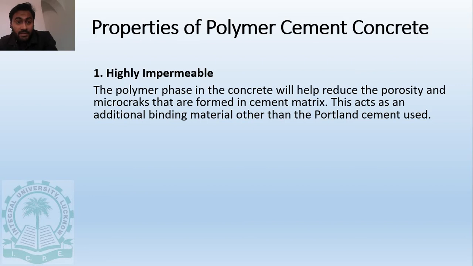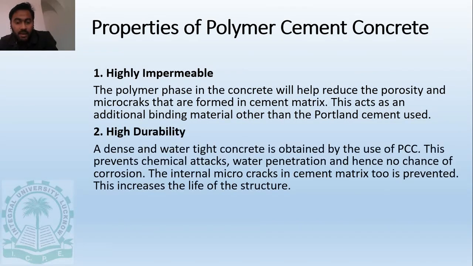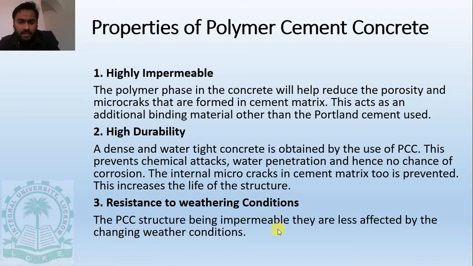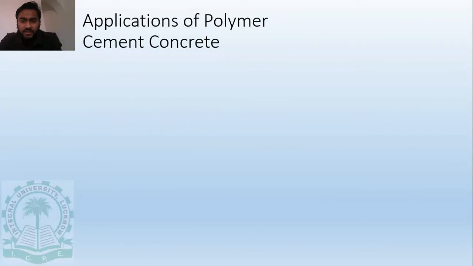There are no cracks, and water cannot pass through it. As it is very impermeable, the reinforcement used is not corroded, and in such case the life of the structure is increased. So high durability is there. And the third part is they are very resistant to weather conditions. They are not affected by changing weather conditions.